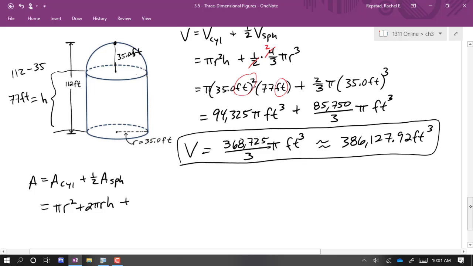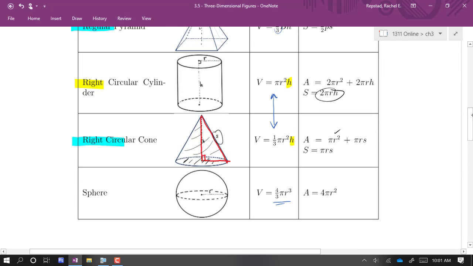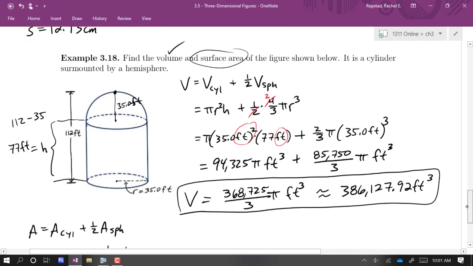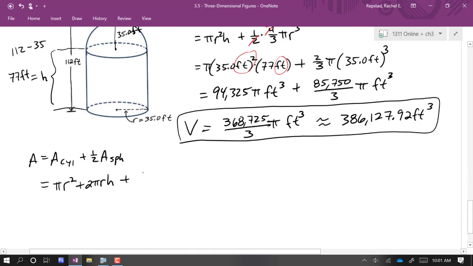Notice, if you look at the total surface area formula for a cylinder, they have 2 pi r squared. That's because they are including that top. But we don't have that in our figure. So we have just 1 pi r squared. And then half the surface area of a sphere, so that's 1/2 of 4 pi r squared.